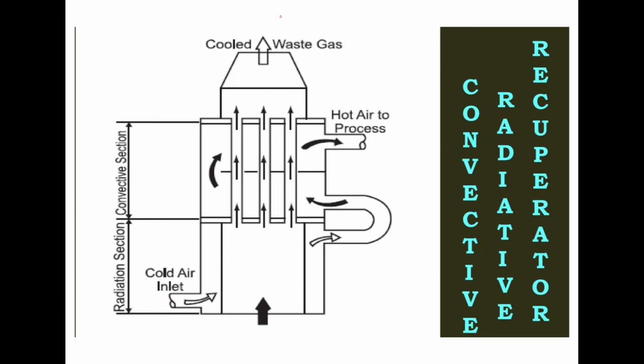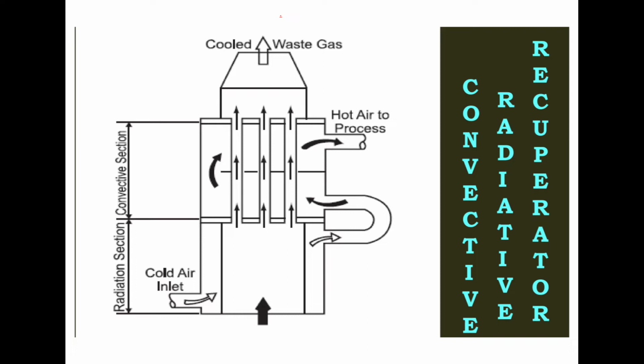This is the convective radiative recuperator, another schematic diagram. Previously we saw a horizontal type of construction. Here this is a vertical type recuperator.